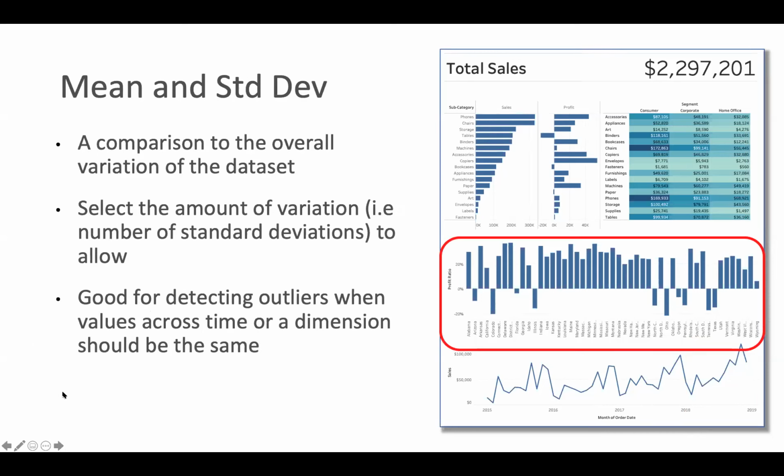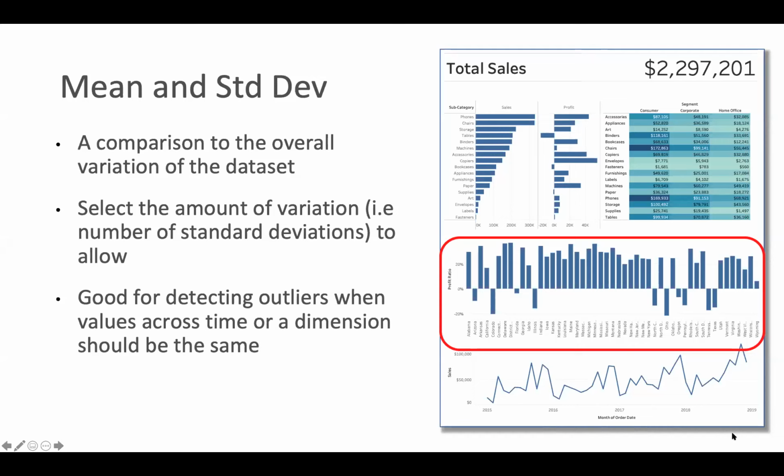So the next one has to do, now we're getting into what we'll refer to broadly as machine learning techniques. The first one is fairly simplistic. It's really just looking at the mean and standard deviation of the data set. And what I've highlighted here is profit ratio across states.